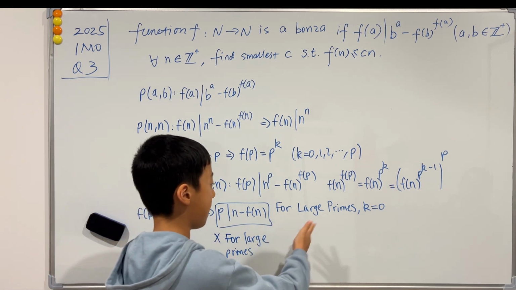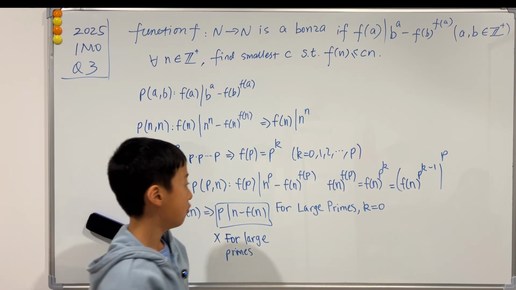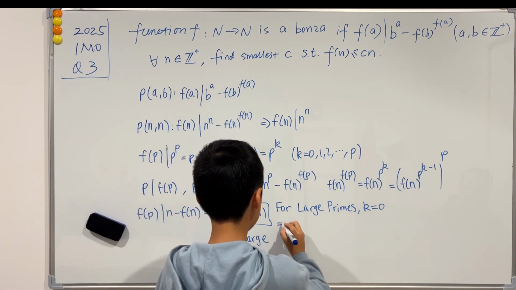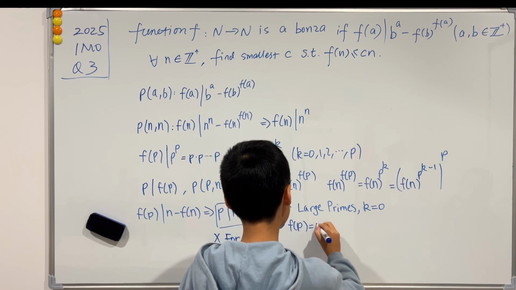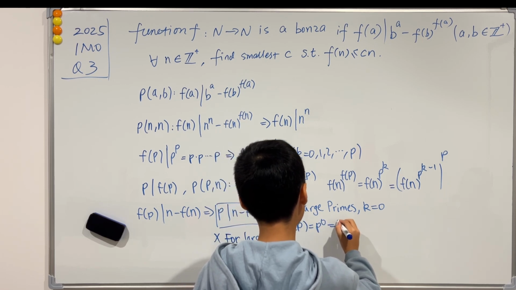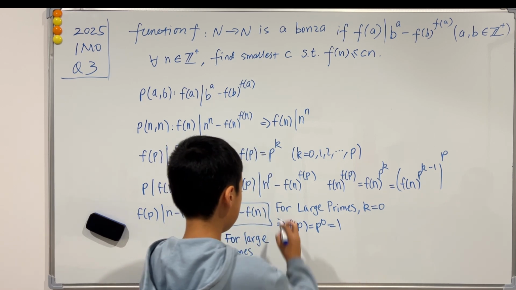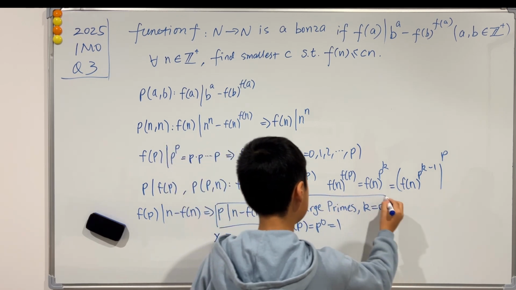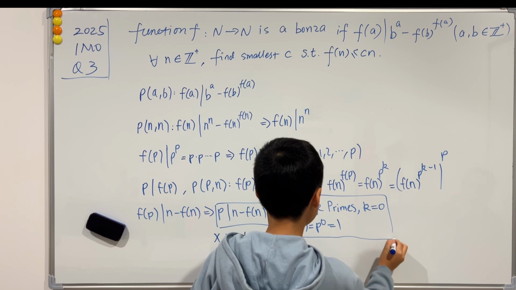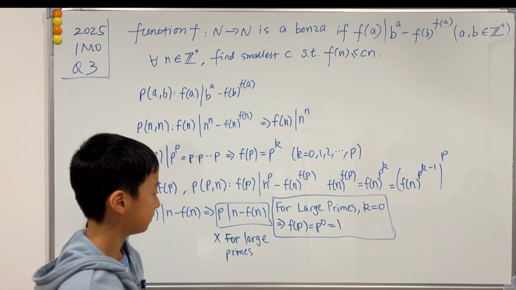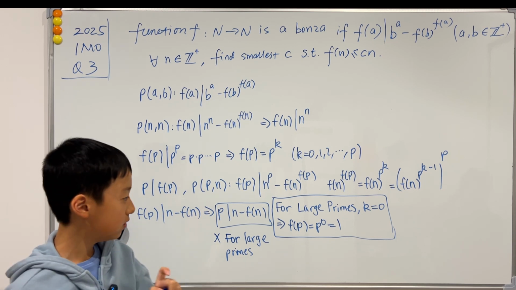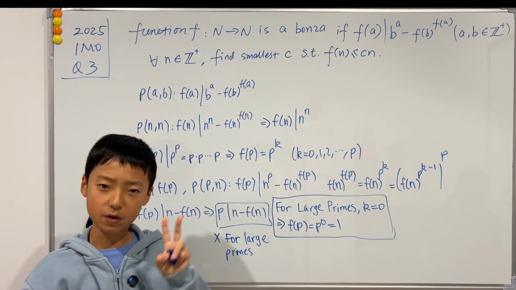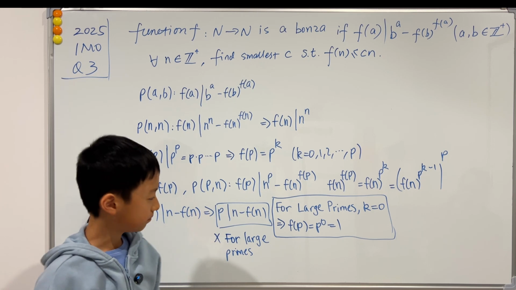So for large primes, k must be equal to 0, which means that f(p) is equal to p^0, which equals 1. So this is also a very, very, very important thing. So I will finish part 1 for now, and in part 2, we will do some further proving.